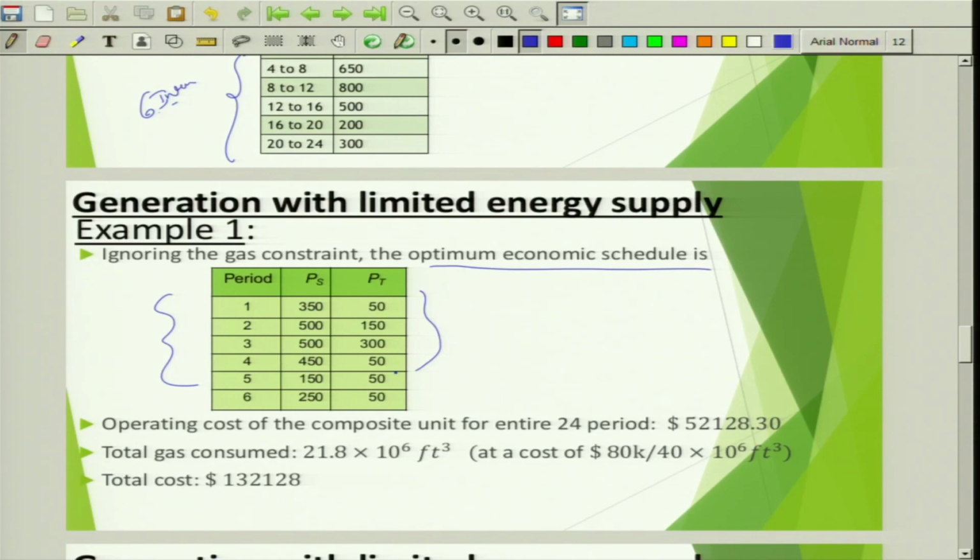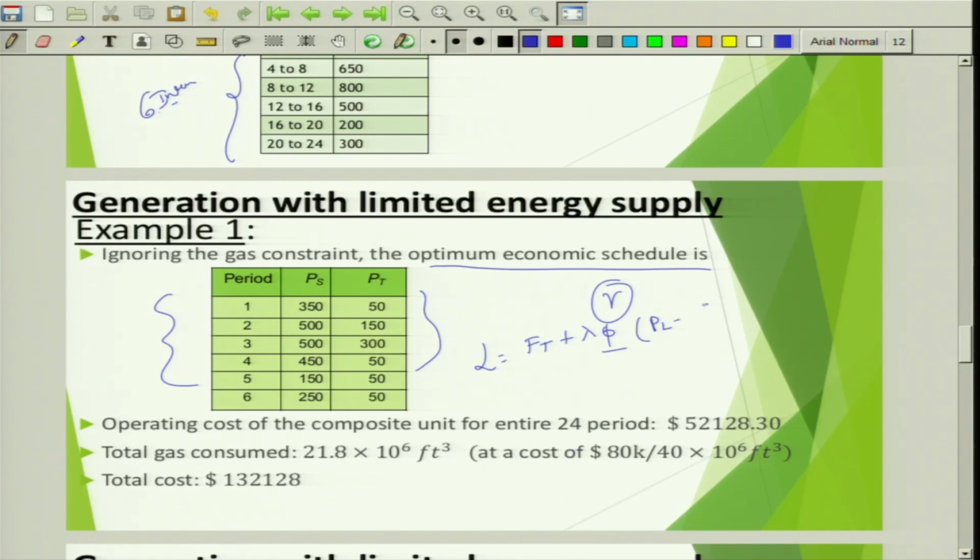That means there are only 2 generators and there is no gamma factor in the Lagrangian function. The Lagrangian function now just constitutes the total fuel cost that needs to be minimized plus lambda into the equality constraint. What is this equality constraint?